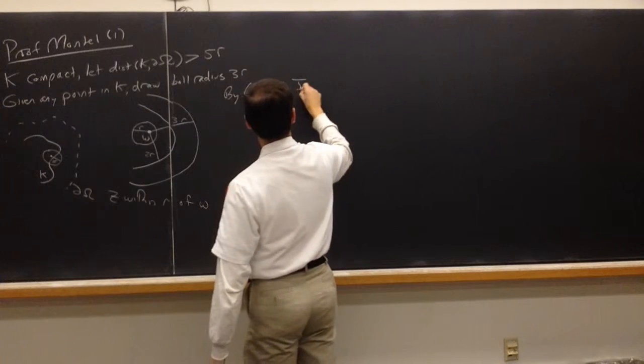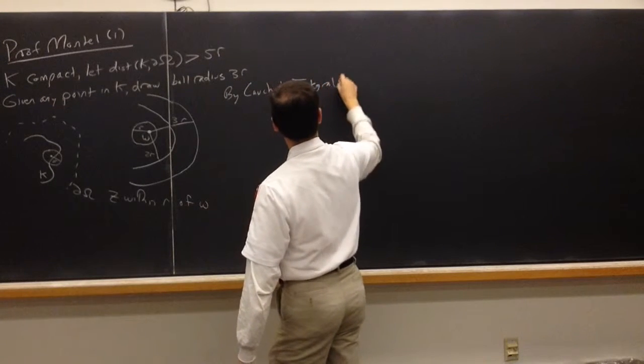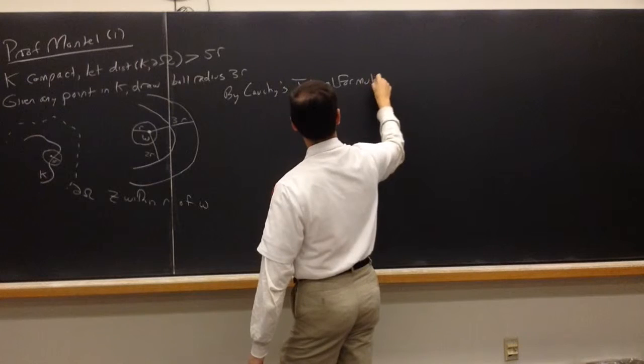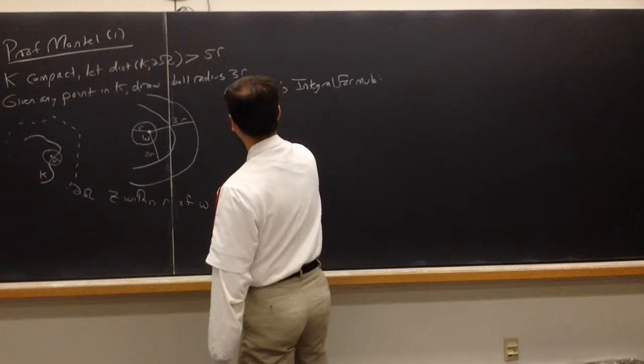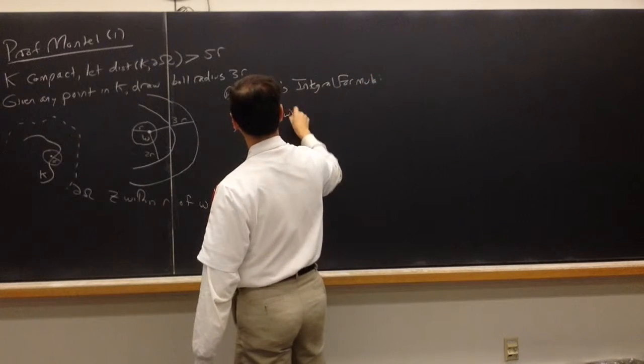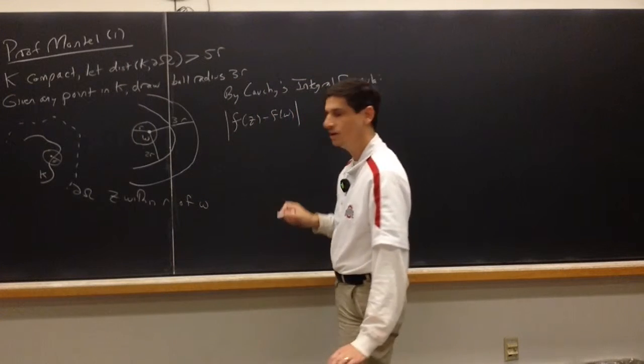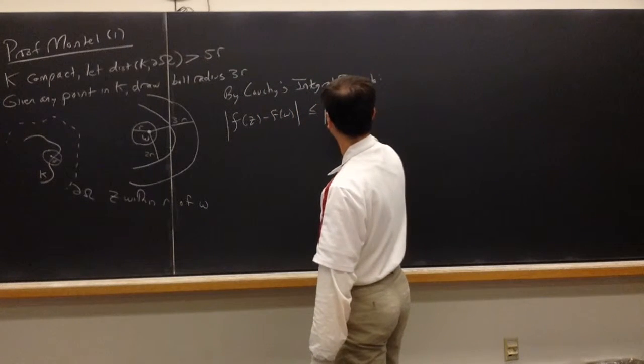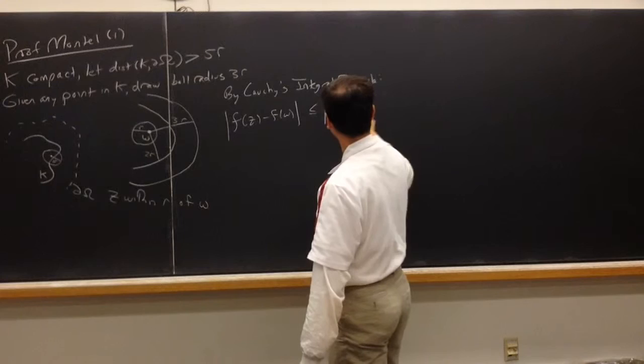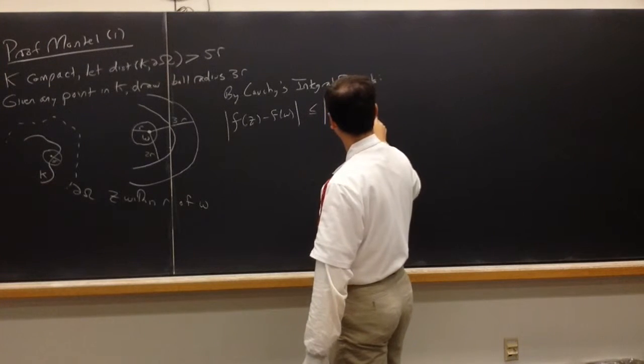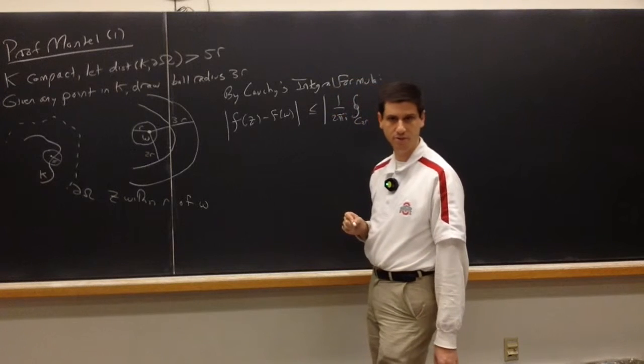By Cauchy's integral formula, the absolute value of f of z minus f of w is less than or equal to the absolute value of 1 over 2 pi i, the integral over a circle of radius 2r. We'll have it centered at w.